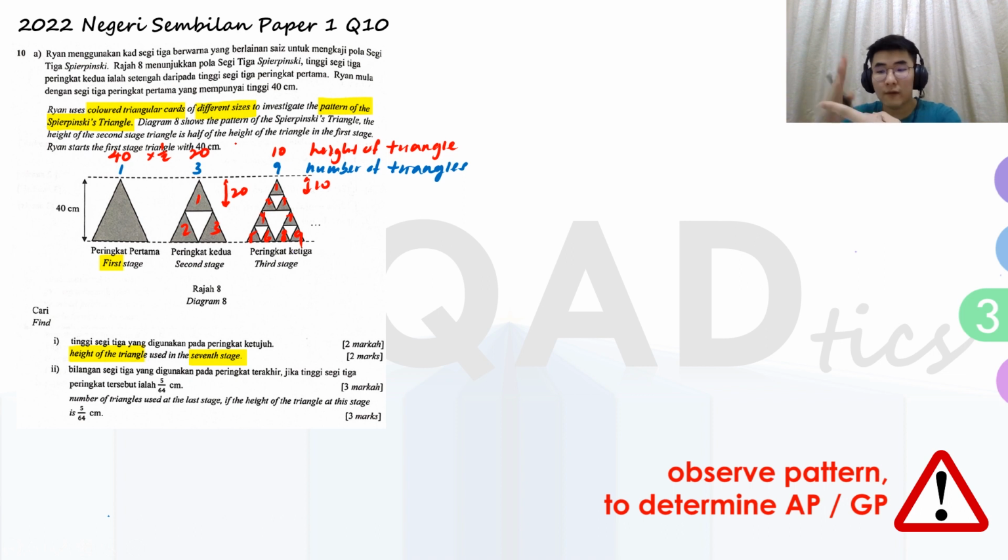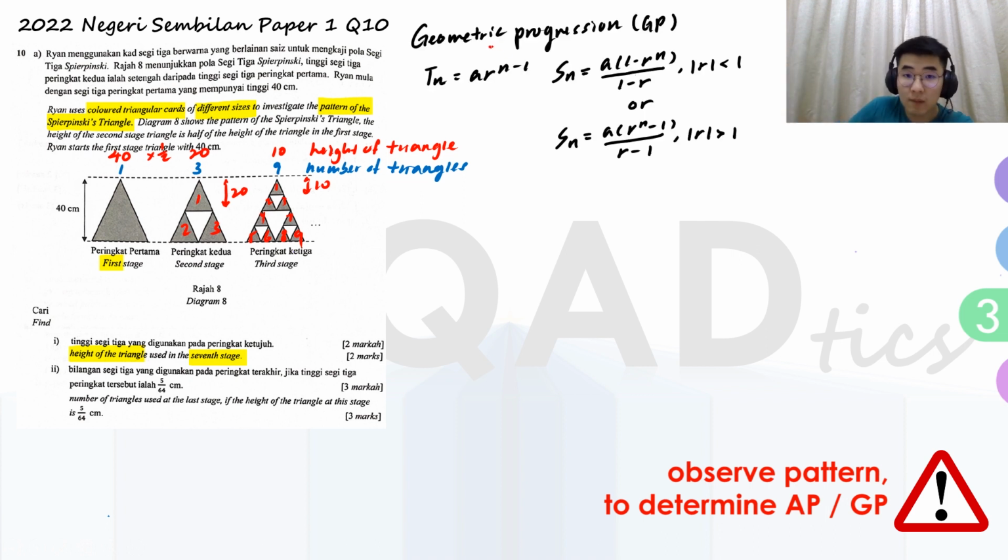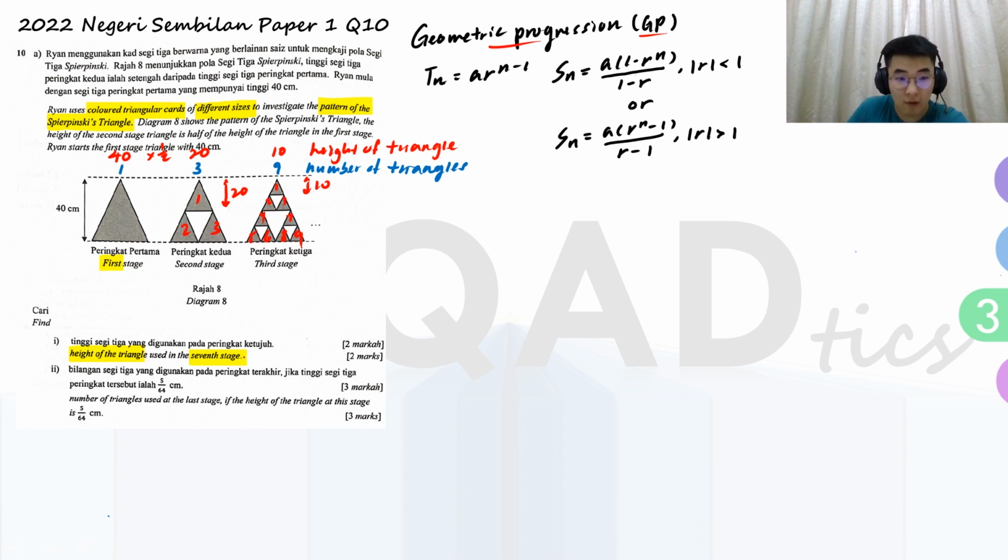So for those sequences which need to multiply or divide by a number to get the next number, it's actually a geometric progression, or GP. So going back to the question, the 7th stage triangle is actually the 7th term, which is T7. So to find this height, we can use this formula. And we need to find out the values of a and r.